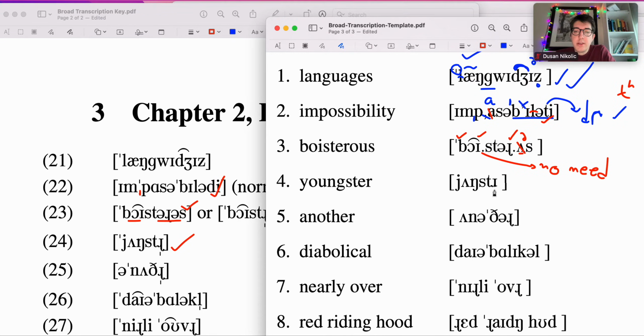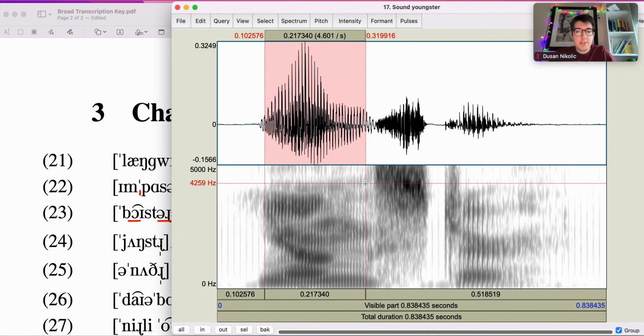This person did well, except for maybe having R as a retroflex and then syllabic. It has to be syllabic, and they needed stress, so they missed stress here. Don't miss stress. No g, because you cannot actually hear it. It's engma, and the rest of youngster is okay with syllabic R. I'd say this was good.